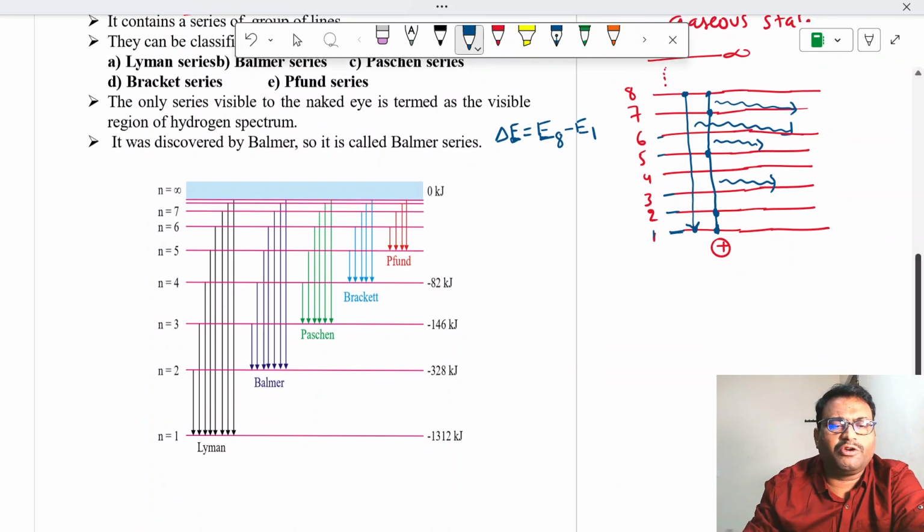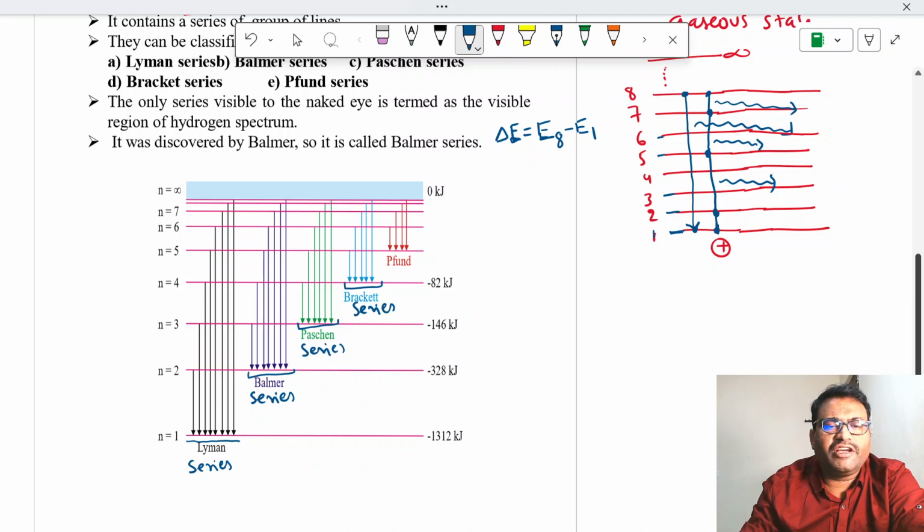See, here there is a group of spectral lines. This group of spectral lines is called the Lyman series. And this group is called the Balmer series. This group of spectral lines is called what? Paschen series. This group is called what? Brackett series of spectral lines.